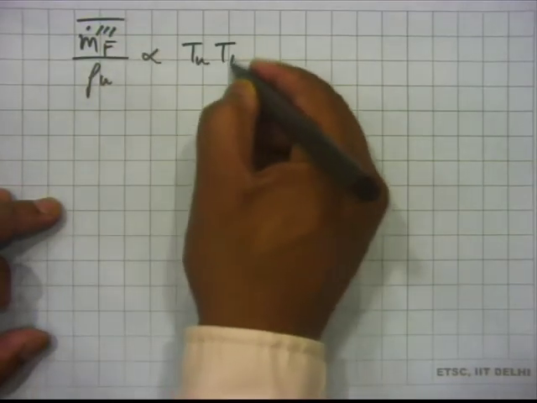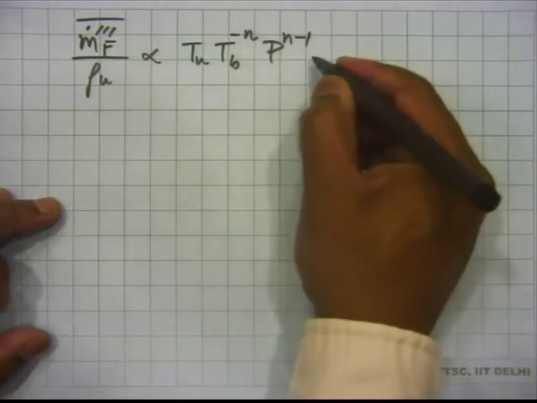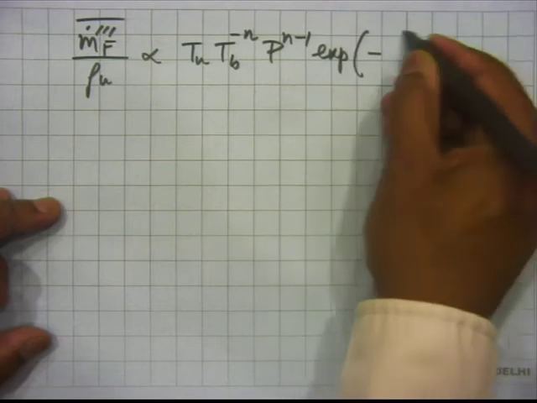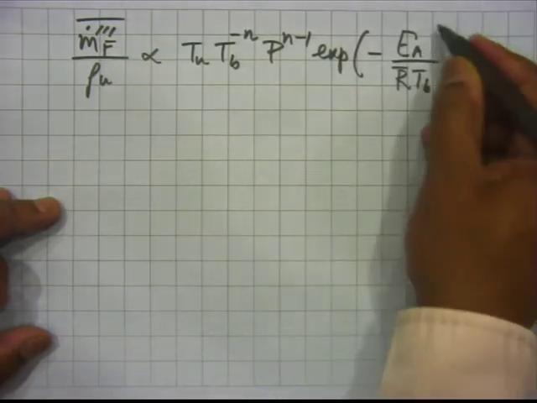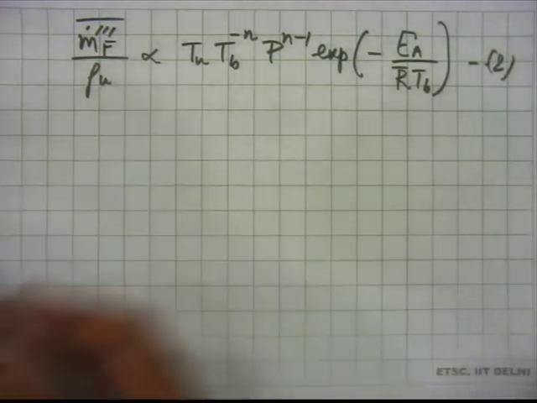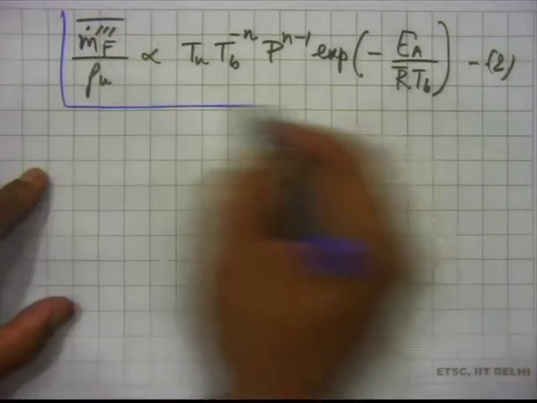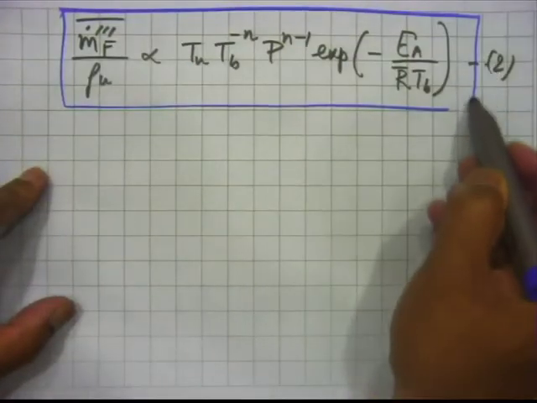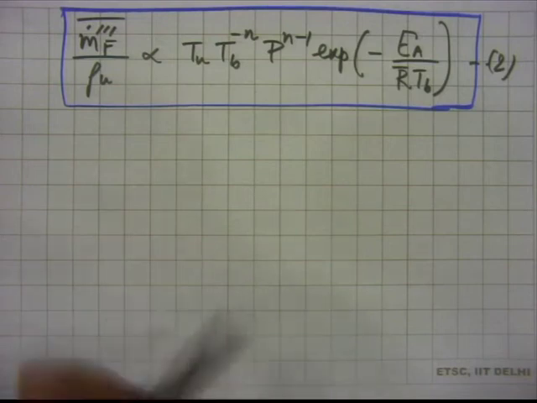So this is our proportionality number 2, and let's see how we analyze this.